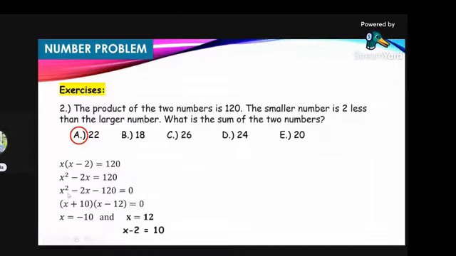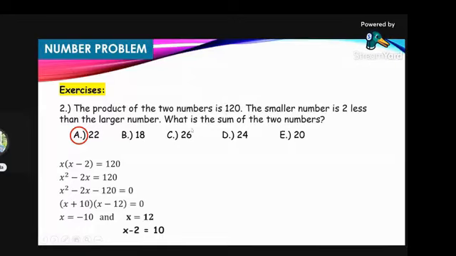It would result in a quadratic equation, and then factoring. We will be considering the positive integers. So x is equal to 12 as the larger number, and the smaller number would be 12 minus 2, and that is 10. So 12 times 10 is 120, which is correct.